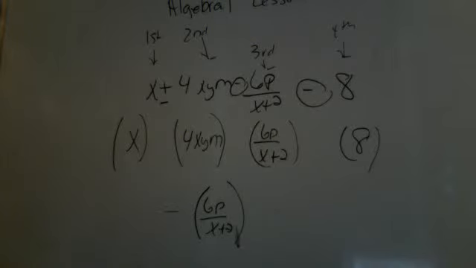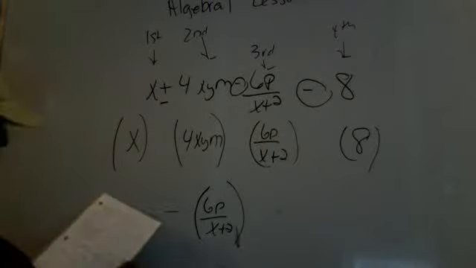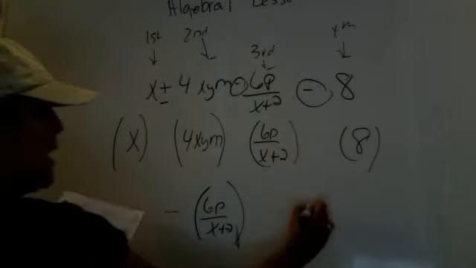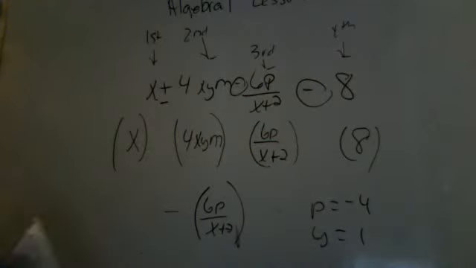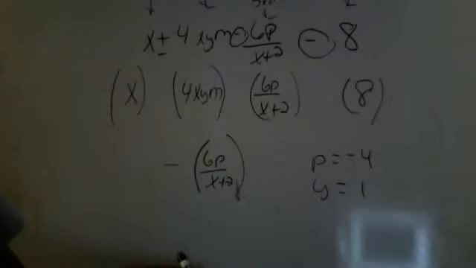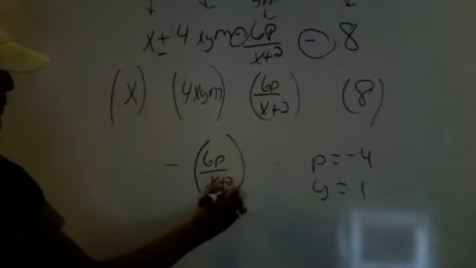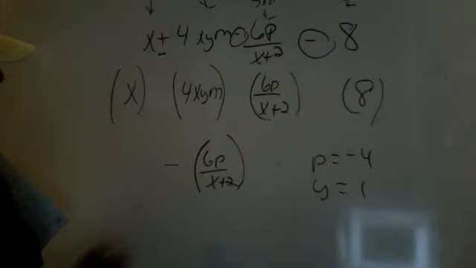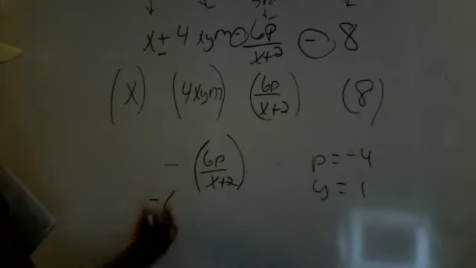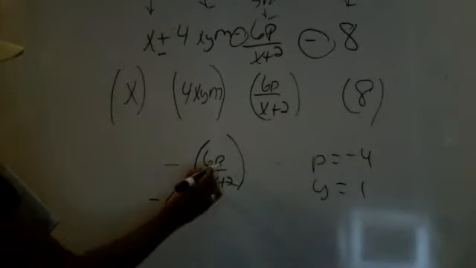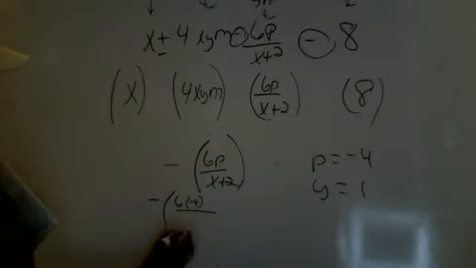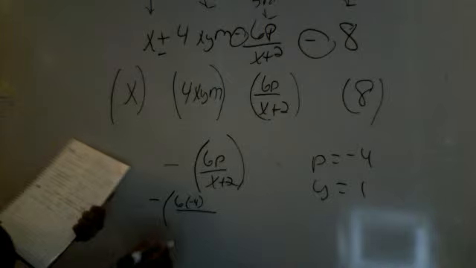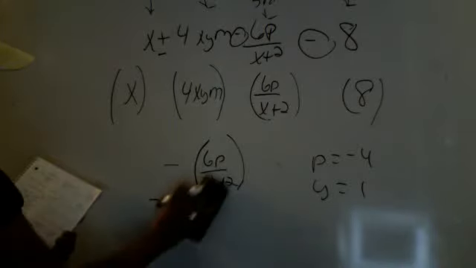So a good way to recognize this, what if we assign p to equal -4 and y to equal 1 in this particular problem? Okay, that's 6p over. So let's redo this. We keep this negative on the outside. What is 6? That means times a -4 over, oh, this is supposed to be y, sorry.